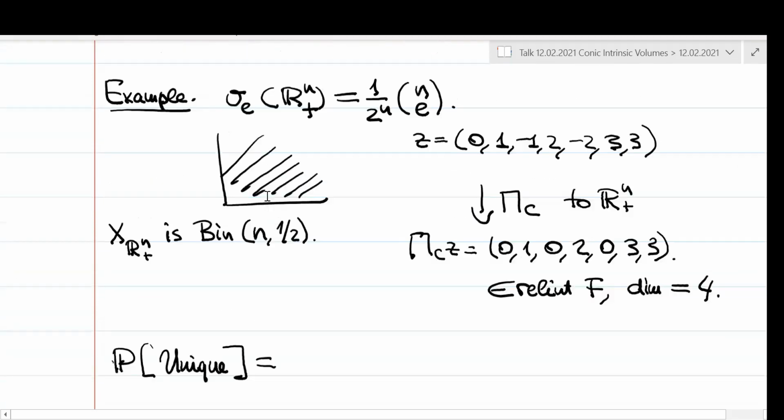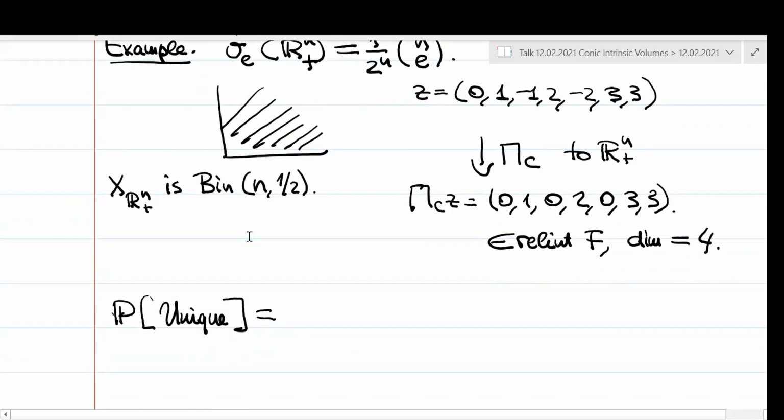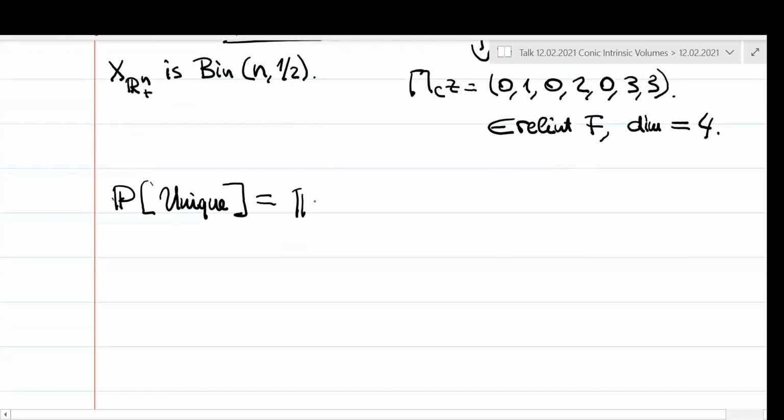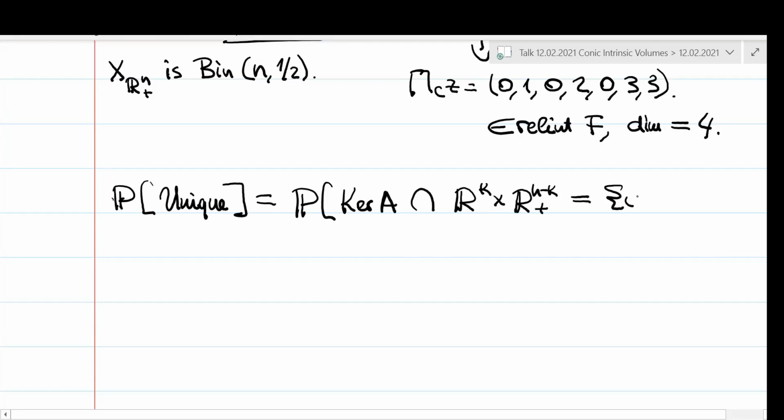So it is the probability that the solution to the system AX equals Y0 in the non-negative orthant is unique. It is the probability that the kernel of A intersects the cone R^k times R^(n-k)_+ trivially.